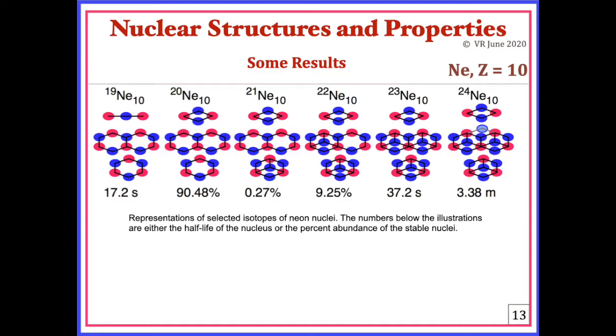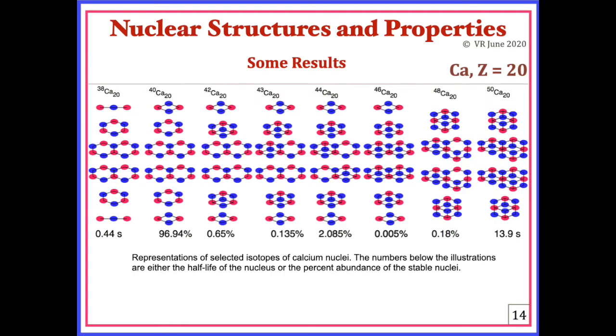34Ne is the highest atomic number neon isotope detected, and there are no more sites to which neutrons can attach. The next nucleus I discuss is calcium, Z equals 20. It is interesting for a number of reasons. In one way, it represents a transition from low Z nuclei to high Z nuclei.